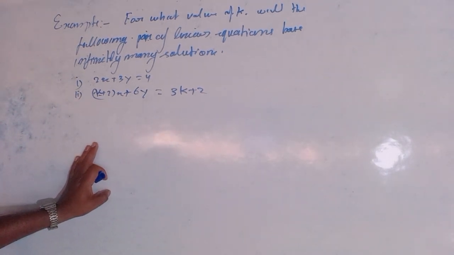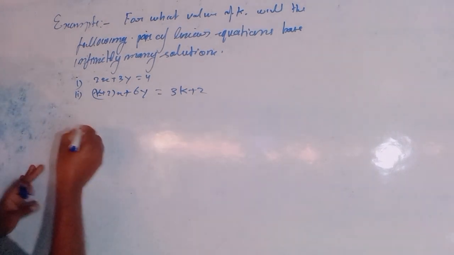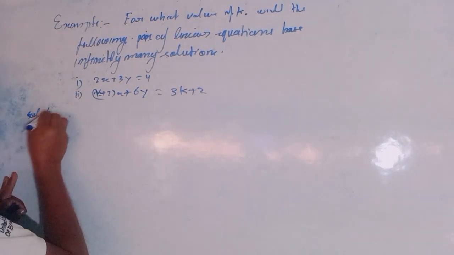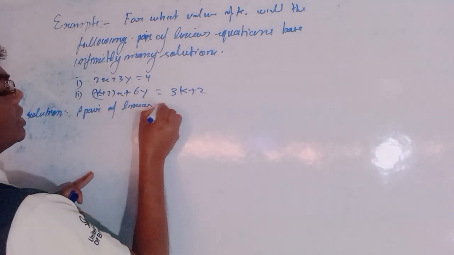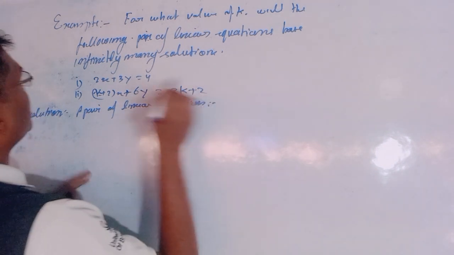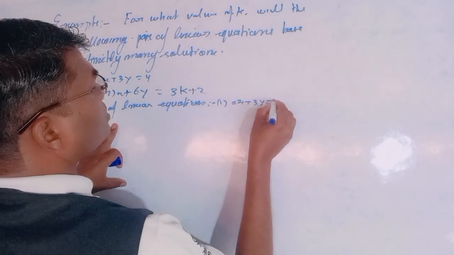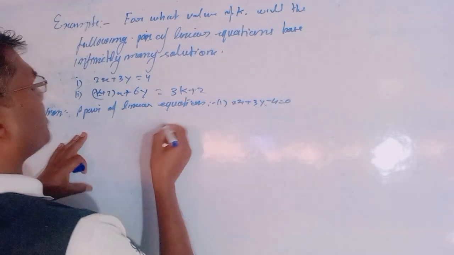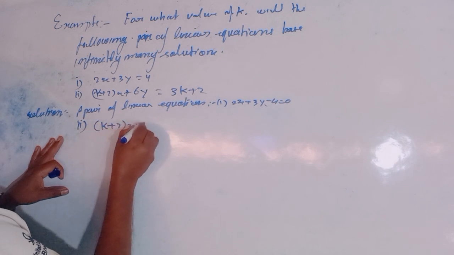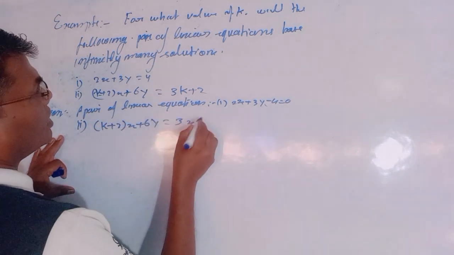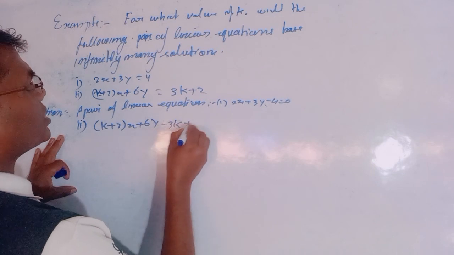Comparing the pair of linear equations given here. So first, the pair of linear equations here: 2x plus 3y minus 4 is equal to 0, and the second equation we will write here: (k plus 2)x plus 6y minus (3k plus 2) is equal to 0.